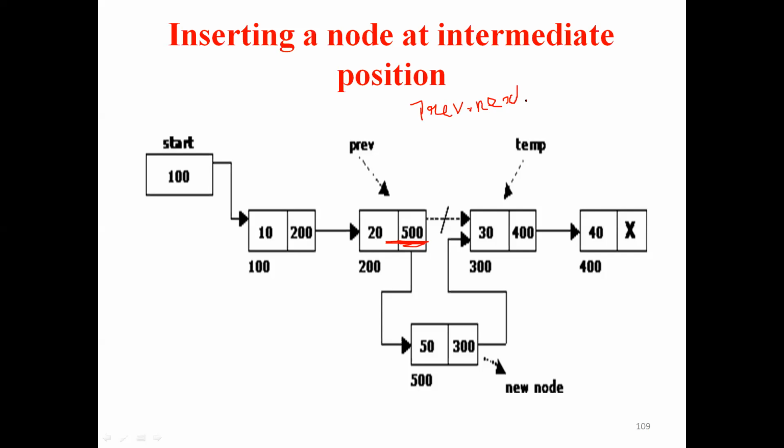Using previous dot next. Someone has replied, yes, it is 300. So I have to replace previous dot next with whom? The 300 should be replaced with 500. Yes, nothing but the new node.